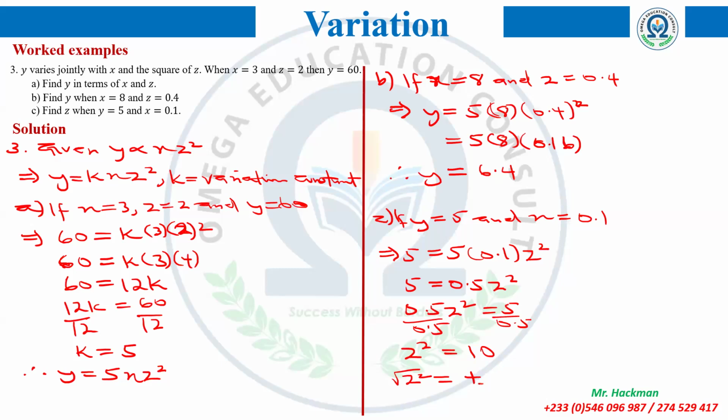Plus or minus root of 10. Now we are going to draw our conclusion. At this point, I want the exact value. Therefore, my z will be equal to root of 10, which is in its basic form. Remember I said don't conclude with plus or minus together, always separate: root of 10 or minus root of 10. All correct.